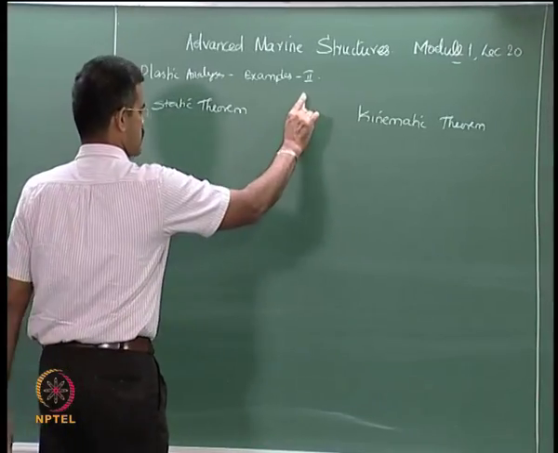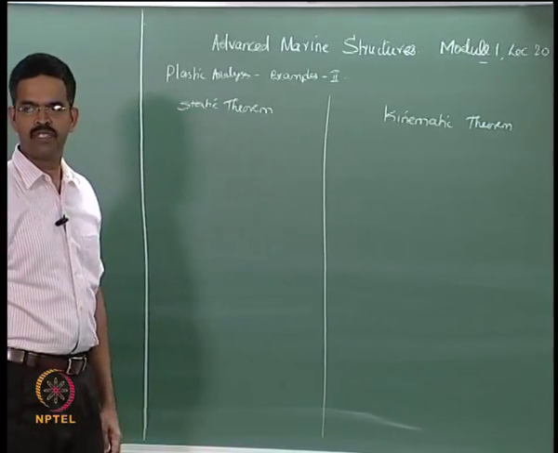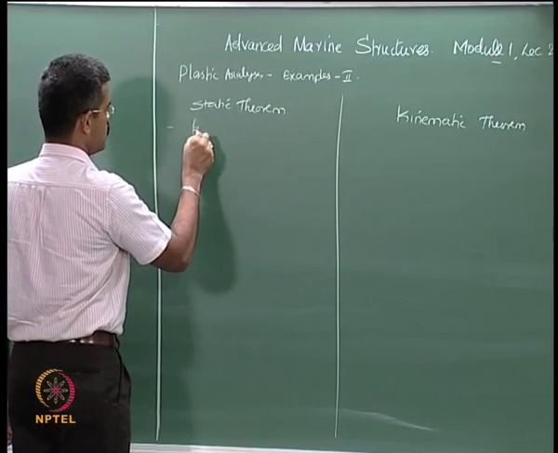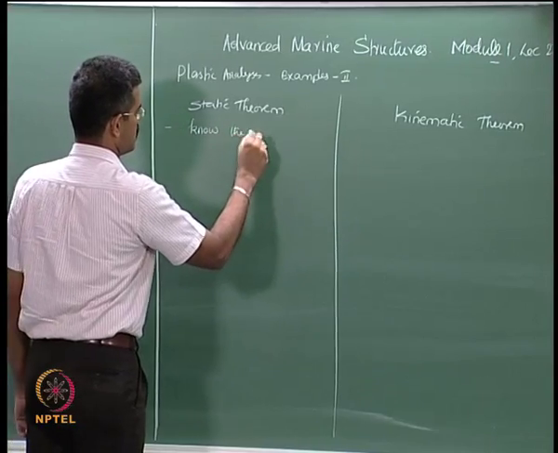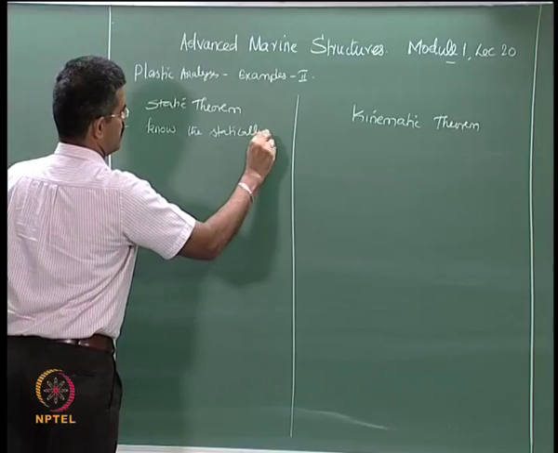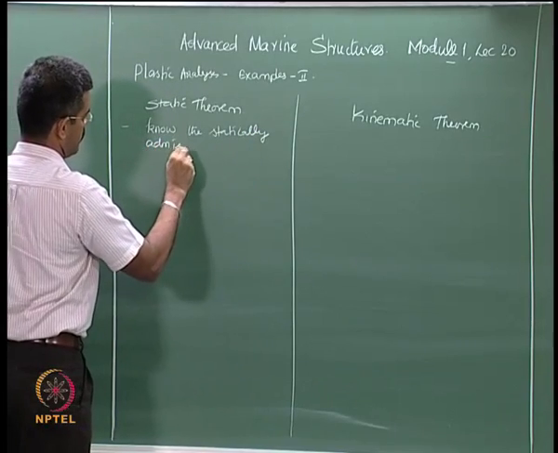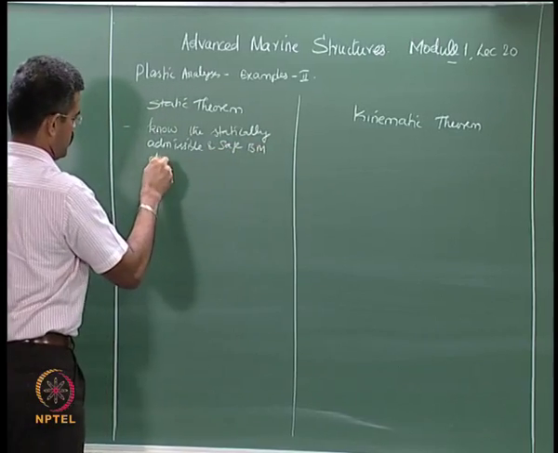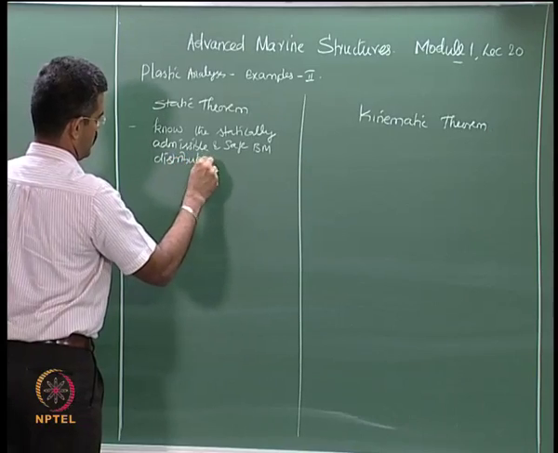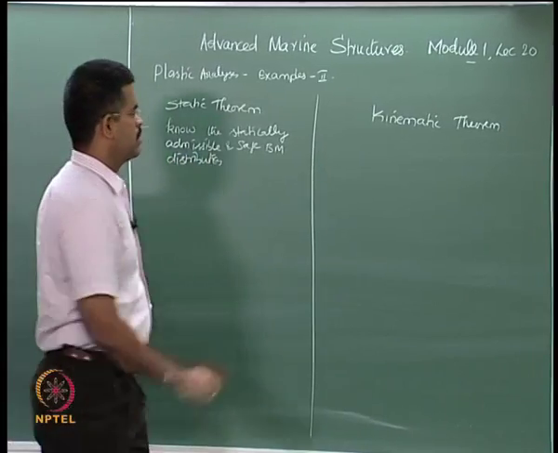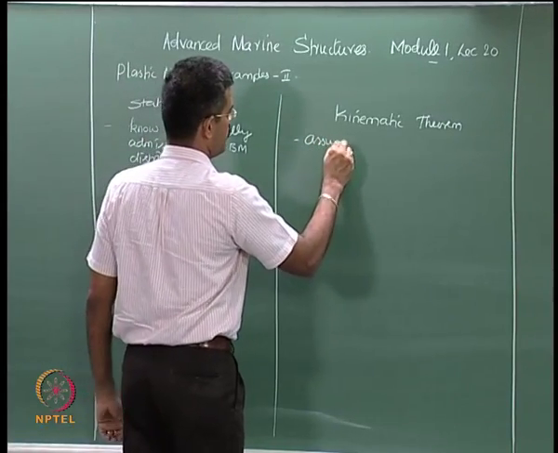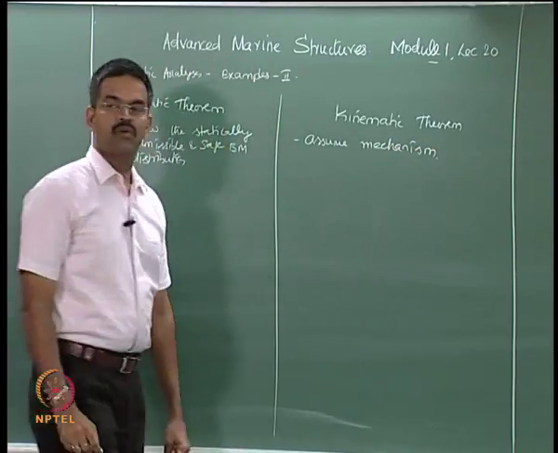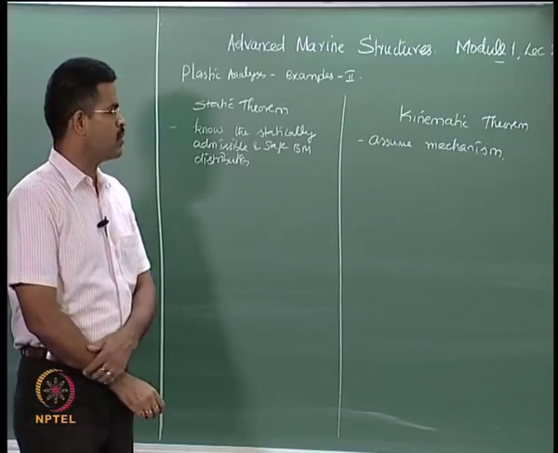So, the main difference between the two theorems which we saw yesterday was, in this case you must know the statically admissible and safe bending moment distribution, whereas in this case you got to assume a mechanism, and for that mechanism you will always compute the collapse load or the true collapse load.